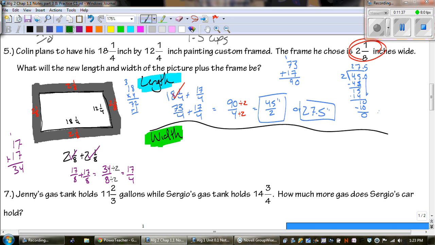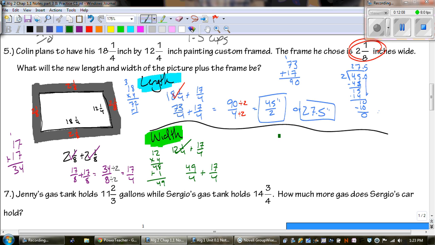Now, let's do the width. Let's see if you can set it up yourself. So we've got 12.25 plus 17.25. So we've got to do that check mark method again. So 12 times 4 plus 1. What'd you get? Well, 12 times 4 is 48, and 48 plus 1 is 49.